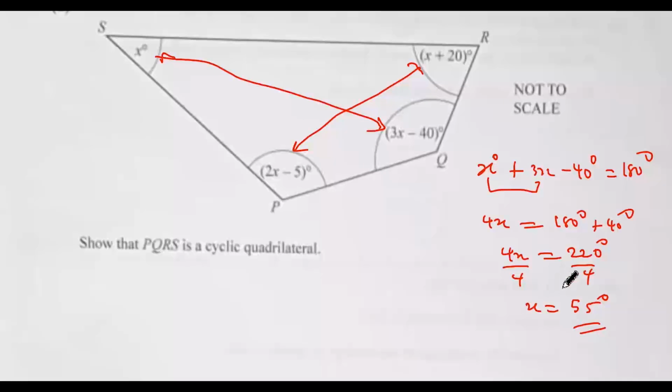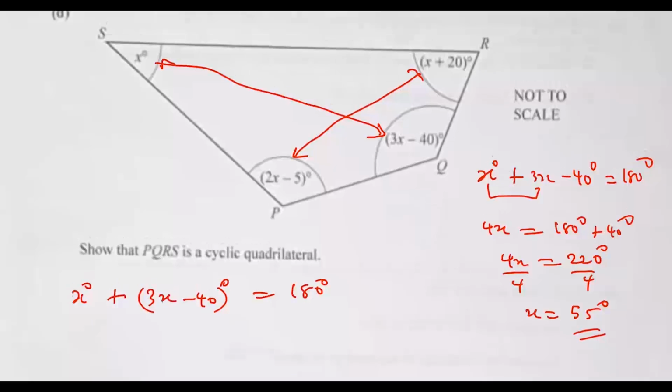Now that we know the value of x, let's see if this is a cyclic quadrilateral, just like I said earlier. So x degrees plus 3x minus 40 degrees must be equal to 180 degrees.